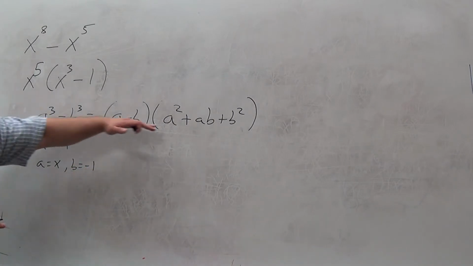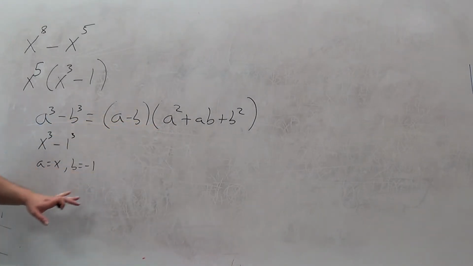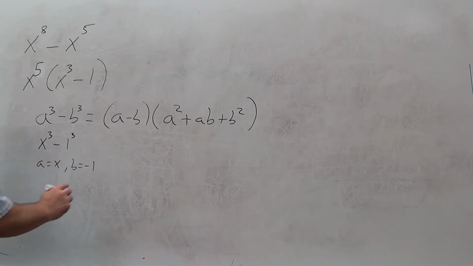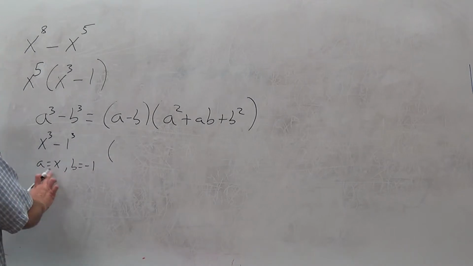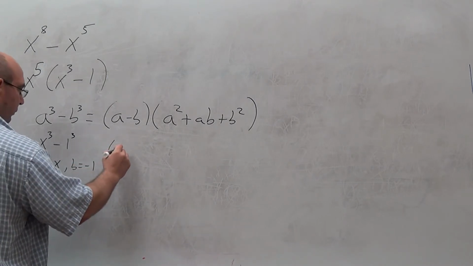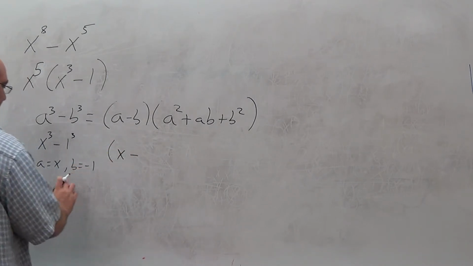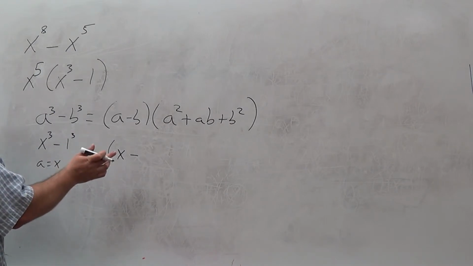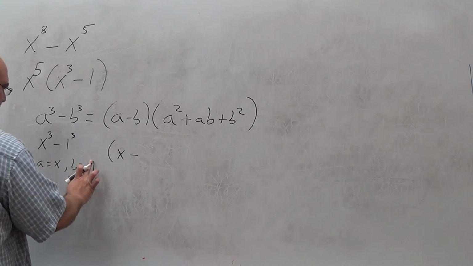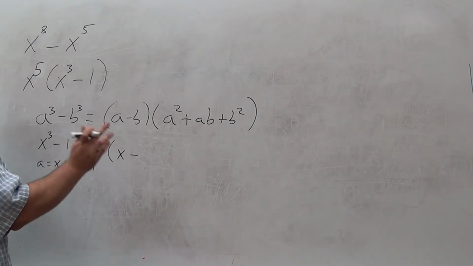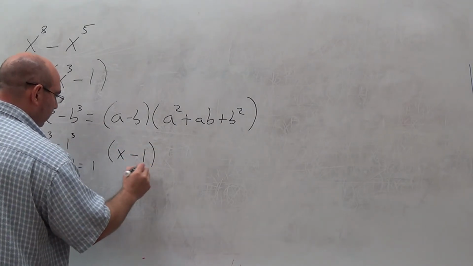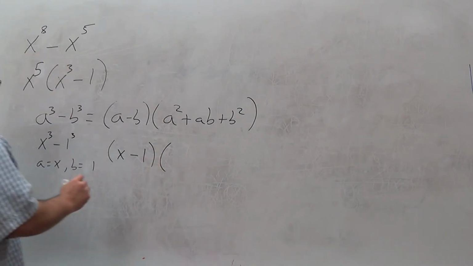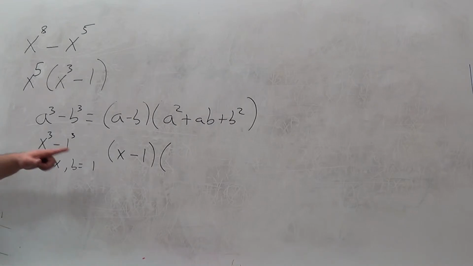So I'm going to take the formula that we know, and I'm just going to apply what we have into this. So my a is x, so where I see an a, I write x. My b is 1, so where I see that, I'm going to put that in. Once again, we're going to go through.